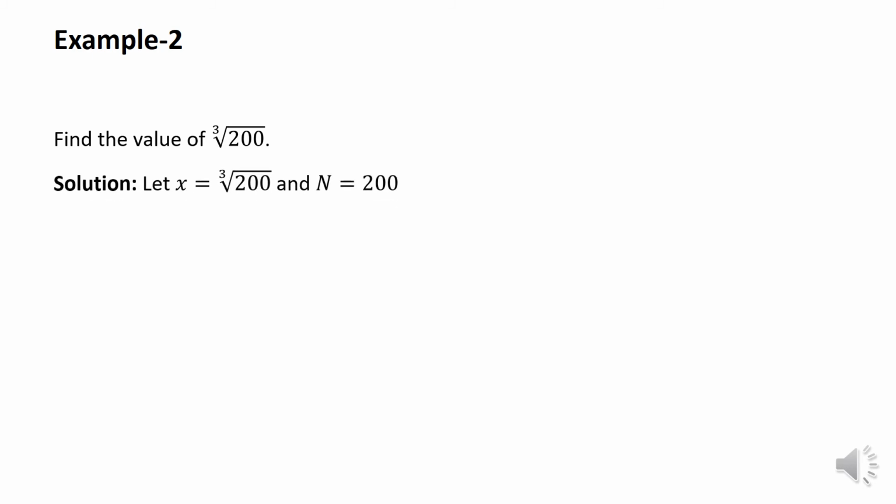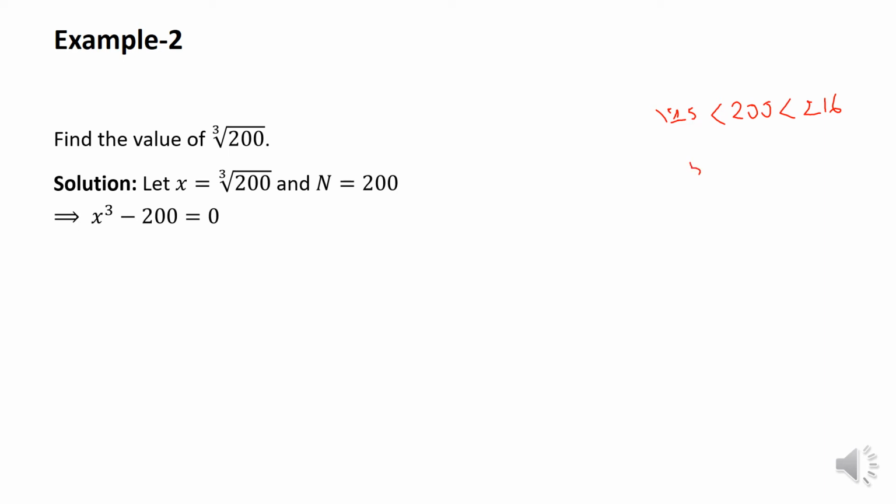The next problem, find the value of cube root of 200. And the solution is, let x equal to cube root of 200 and our n equal to 200. Cubing on both sides we will get x cube minus 200 is equal to 0. As we know that nearby cube root of 200 is 125. 125 is less than 200 is less than 216.